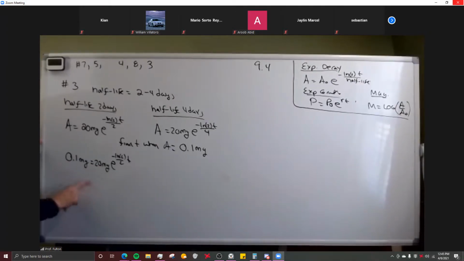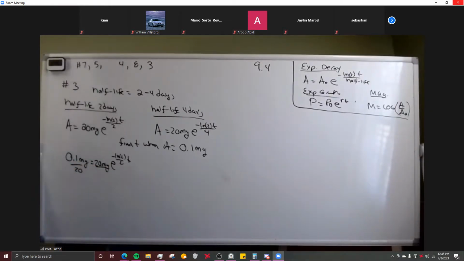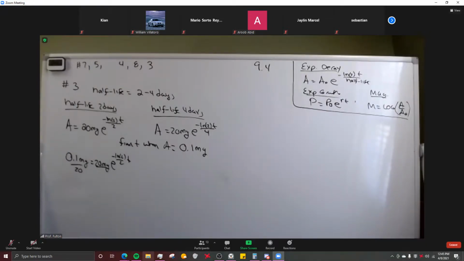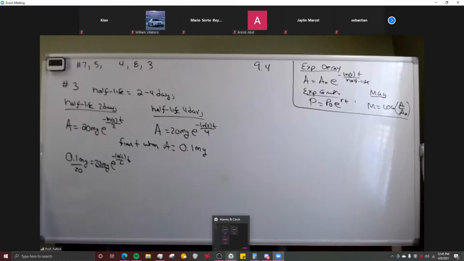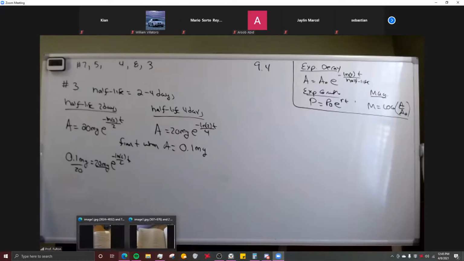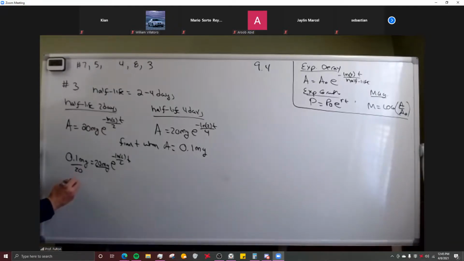I'm going to divide everything by 20 to make it a little bit easier. So take 0.1 divided by 20. You're solving a logarithmic equation now. 0.1 divided by 20 gives you 0.005. And I'm going to take the natural log of that.